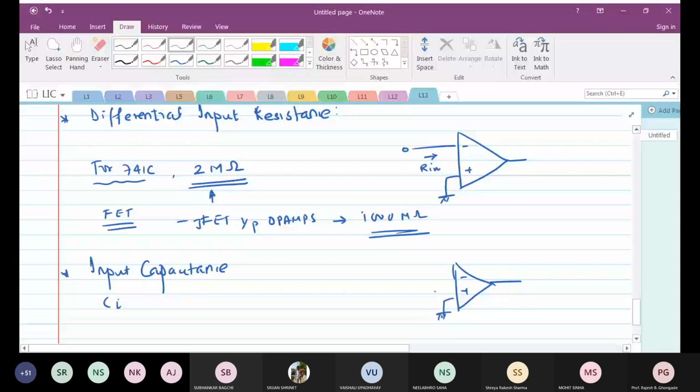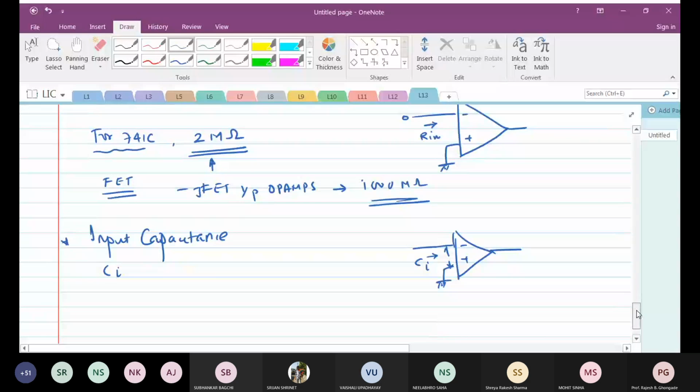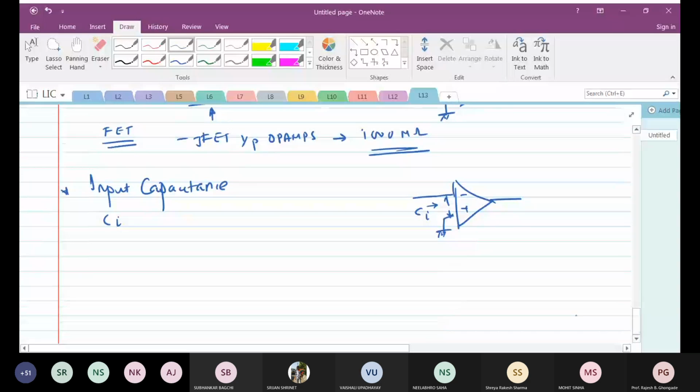Whatever is the capacitance between this terminal and this terminal is called the input capacitance. Typical value of Ci for 741 is 1.4 picofarad.